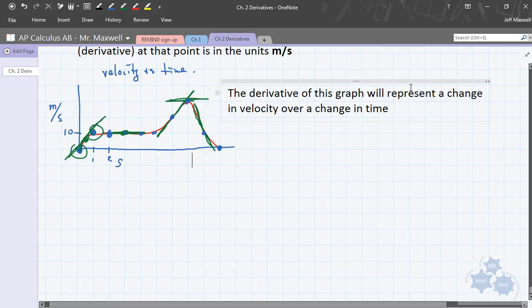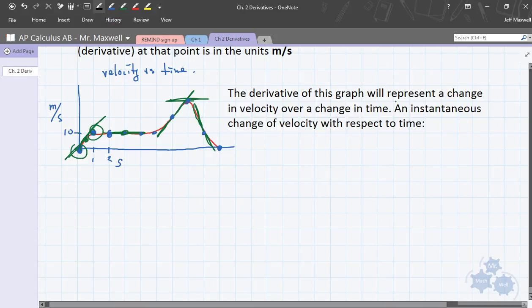The derivative of this graph will represent a change in velocity over a change in time. An instantaneous change of velocity with respect to time. And that, of course, is going to look like this. Let me just draw that for you.